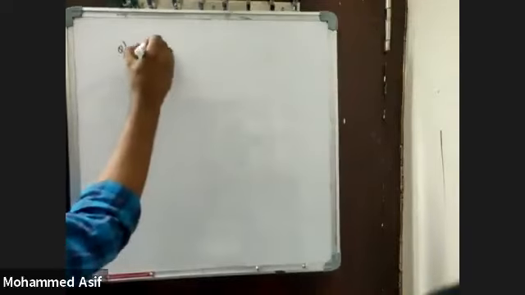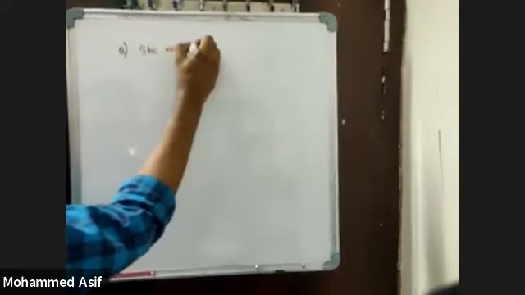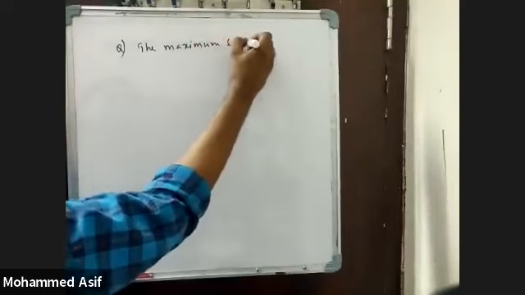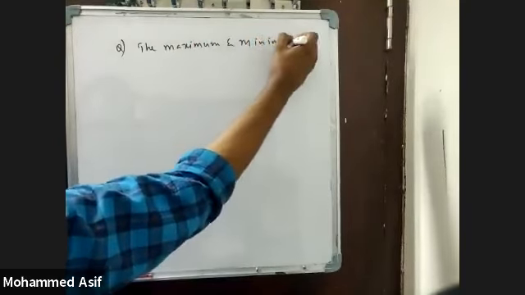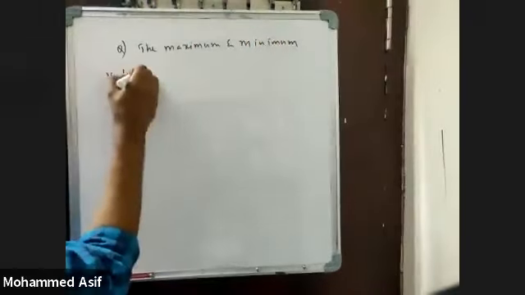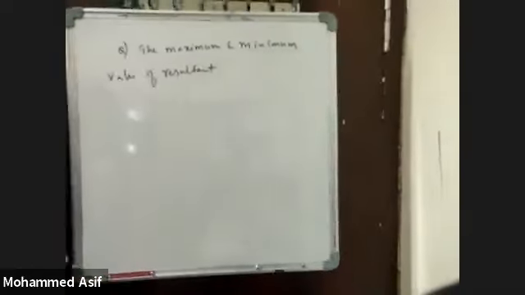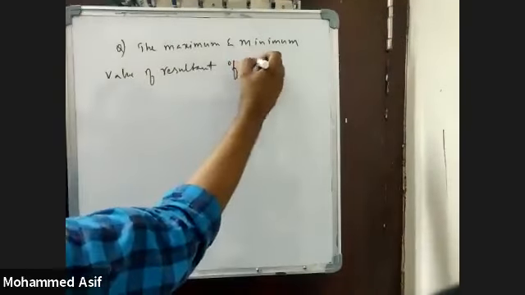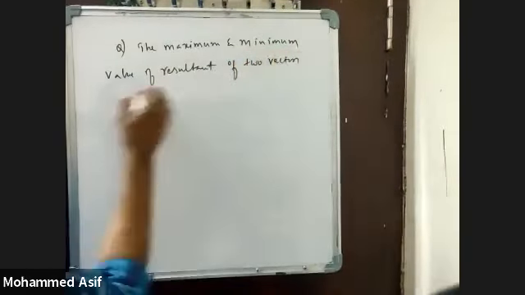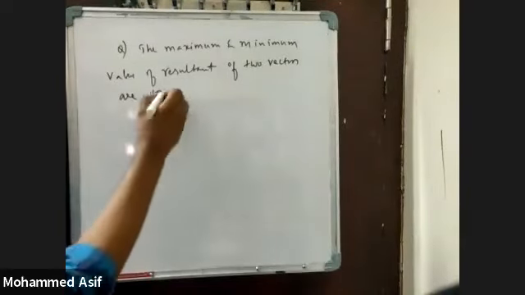The maximum and minimum values of resultant of two vectors are 10 units and 2 units.